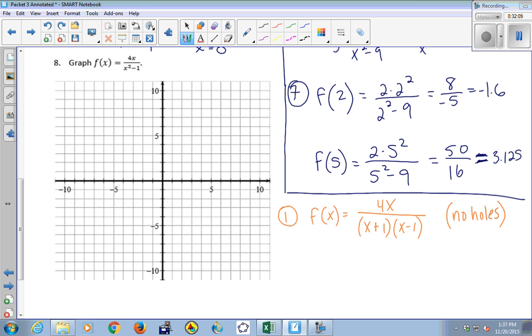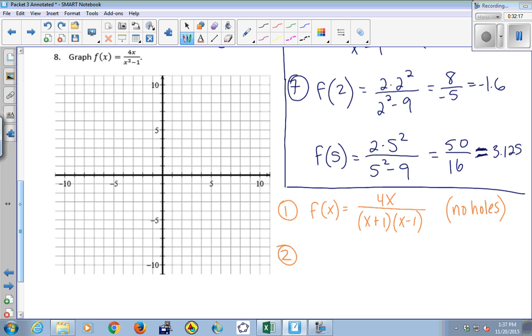All right, step 2 is to look at symmetry. So I'm going to plug in a negative x. That's how you start for all symmetry questions. Plug in f of negative x. So I have 4 times negative x over negative x squared minus 1.